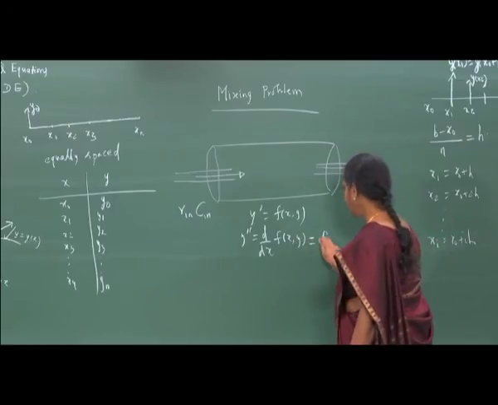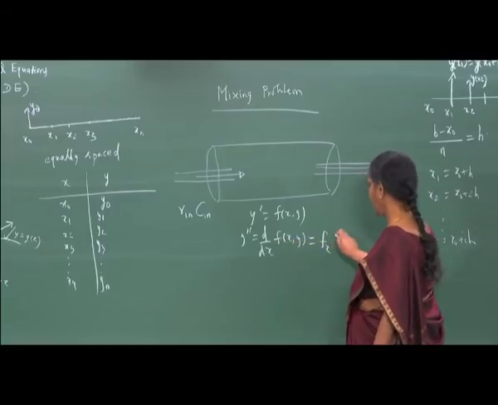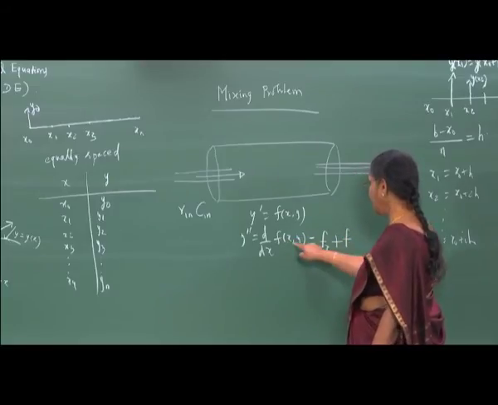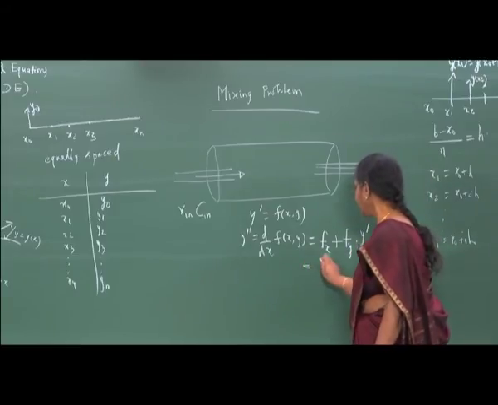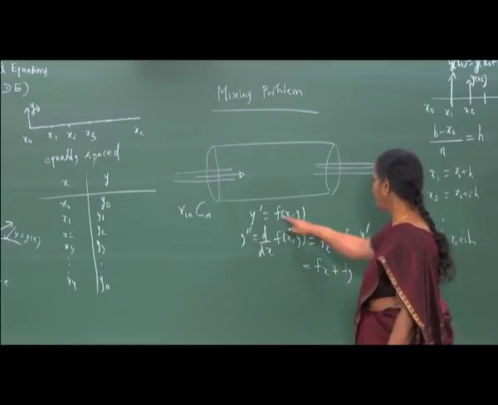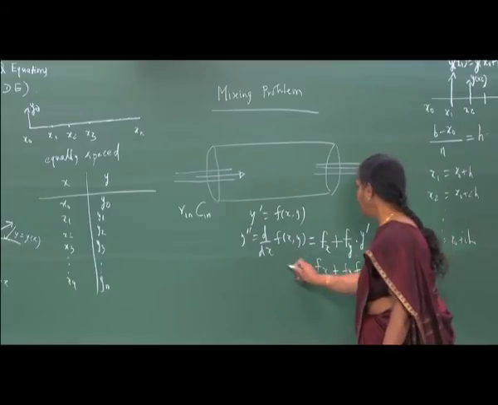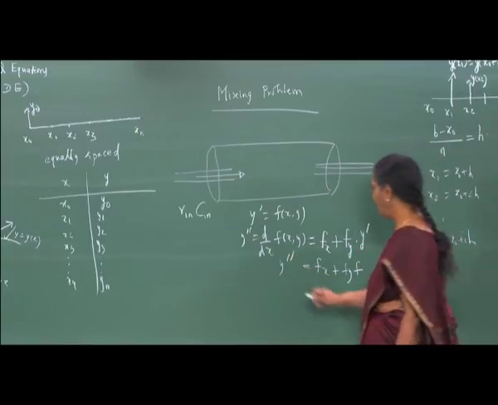So, it is nothing but the partial derivative of f with respect to the first argument plus the partial derivative of f with respect to the second argument times dy/dx. So, this is fx plus fy times what is y'? It is f. So, you have got your second derivative as fx + f fy.